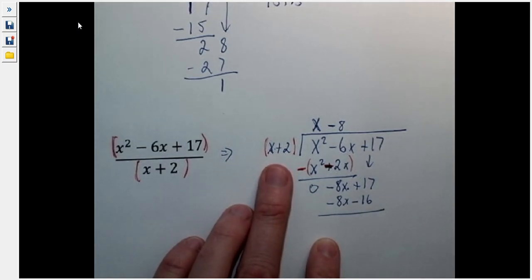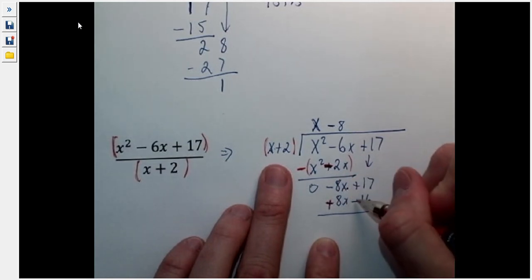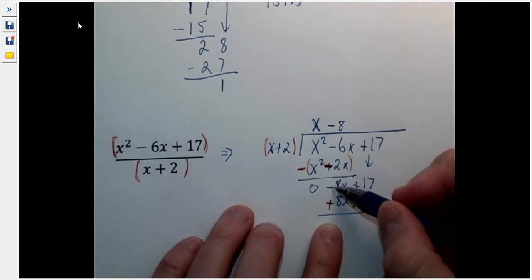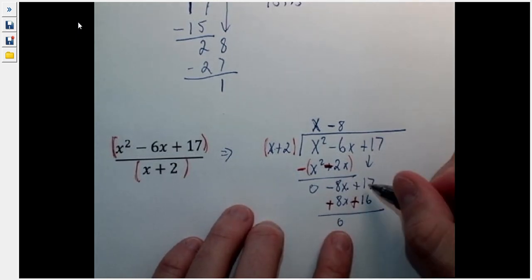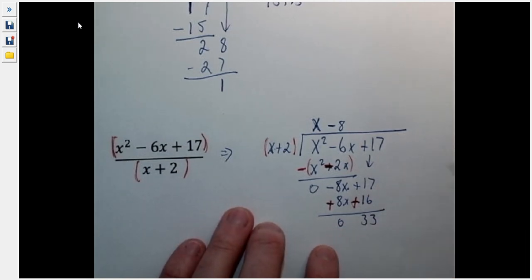And just like before, we're going to subtract, which changes the signs. So this negative becomes positive, and this negative becomes positive. And then we add down, so negative 8 plus 8 is 0, and 17 plus 16 is 33.